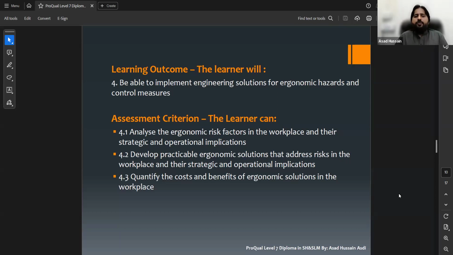In 4.2: develop practicable ergonomic solutions that address risk in the workplace and their strategic and operational implications. Do remember, there is the word practicable, because sometimes with the position of the worker, the place, the work environment, or the activity where the worker has to perform, all the solutions are not possible to address the ergonomic issues.